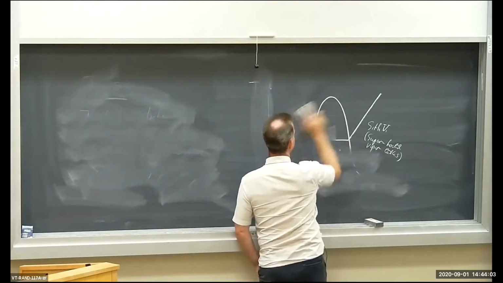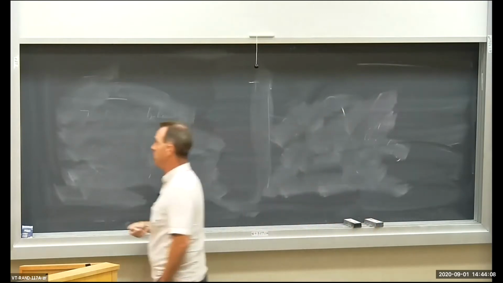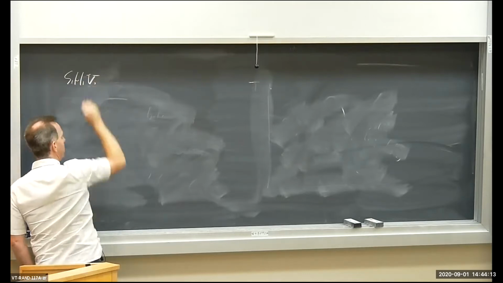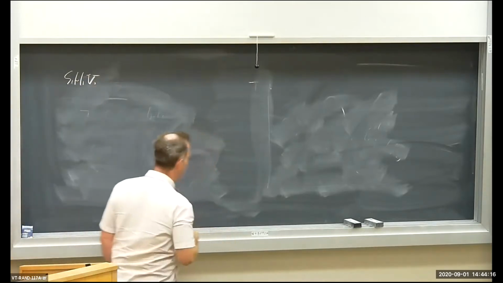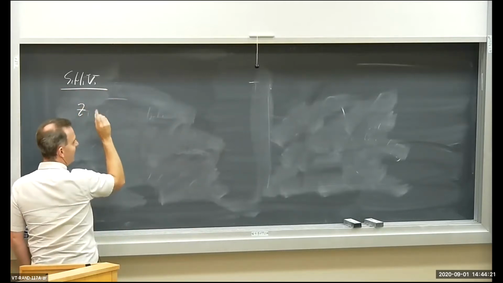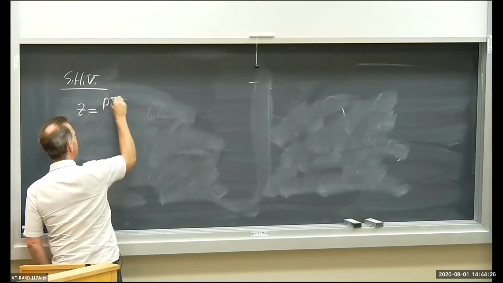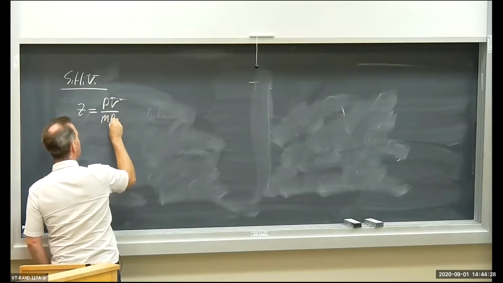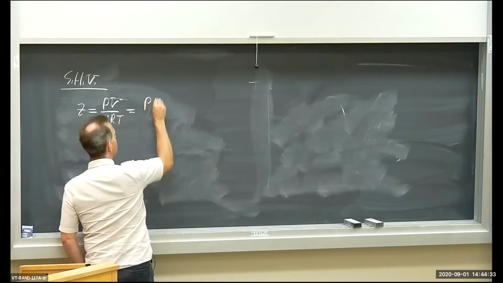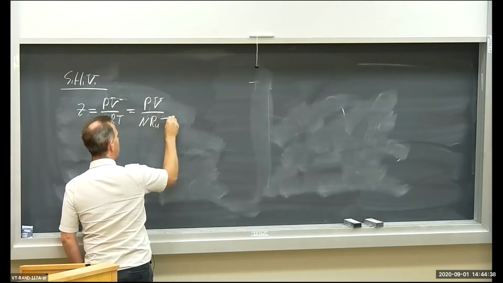So again, let's write the expression for the compressibility factor, Z. For a superheated vapor, pressure, volume, and temperature can be related according to the definition of the compressibility factor. Z is equal to PV over mRT. And I can also write this as pressure times volume is equal to N R_U T. Okay?